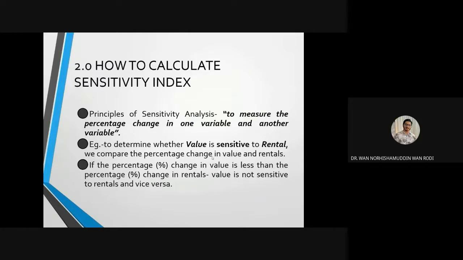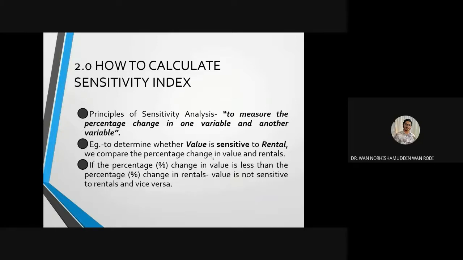Okay, now let us look into topic 2.0, how to calculate sensitivity index. As a matter of fact, the principles of sensitivity analysis involve the measurement of percentage change in one variable and another variable.